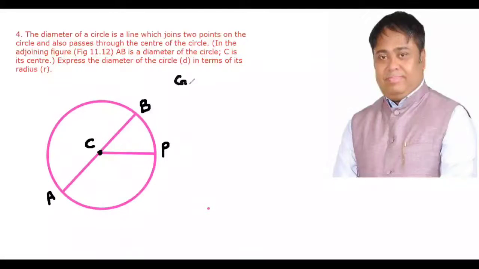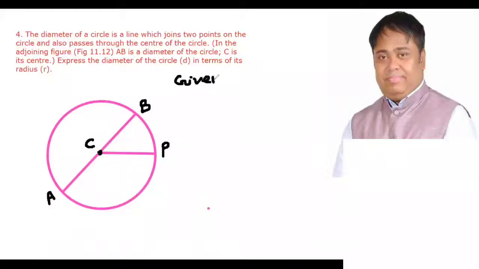So it is given that AB is diameter and CP is equal to radius.